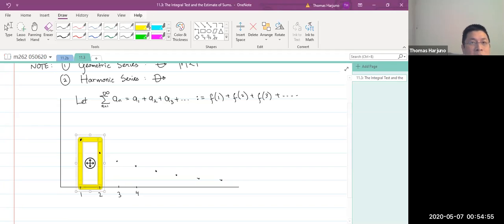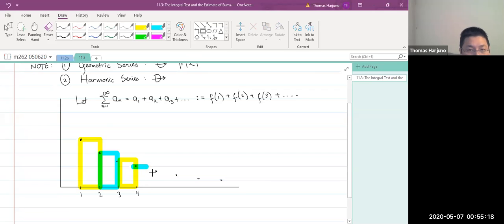I want to add this, plus I want to add this, plus I want to add this, all the way. Okay, now I want to find the total area of those highlighted boxes.